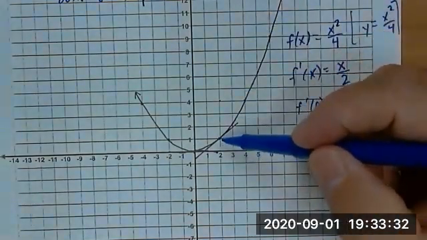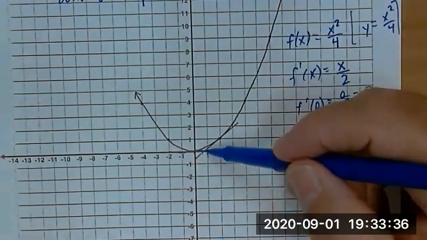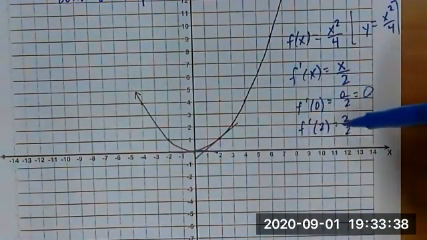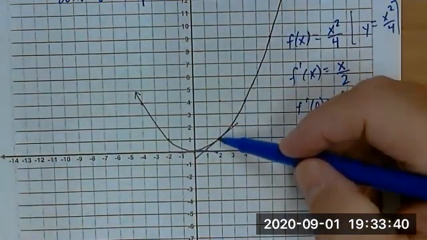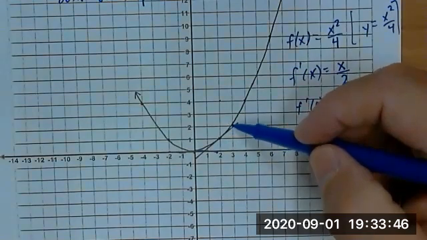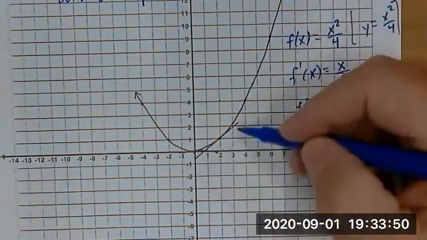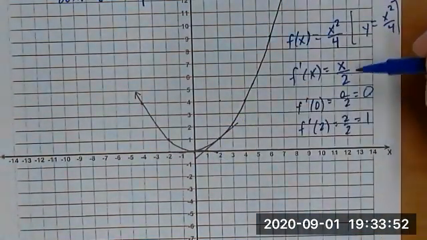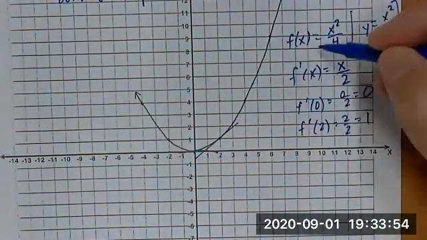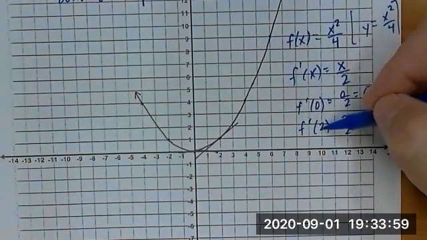Now this may not be totally precise, but it's pretty close. If you look at this tangent line, and we were trying to find the slope, if I go from here to here, rise of 1, run of 1, looks like the slope there is 1. Well, I didn't have to do the graph and stuff because I was able to calculate the first derivative. I just plugged in x is 2 and I got it.